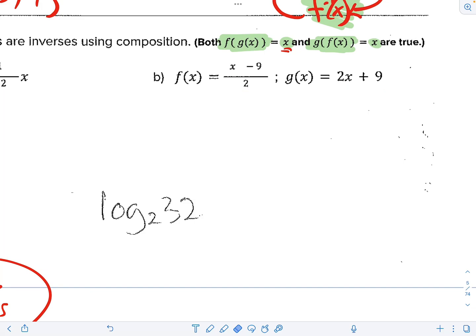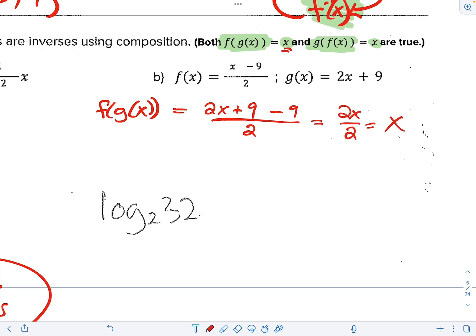But to confirm, let's take f of g of x, or g of f of x, or both. F of g of x means the g function goes inside the f function. 2x plus 9, then I take away 9, all divided by 2. That becomes 2x over 2, or x.